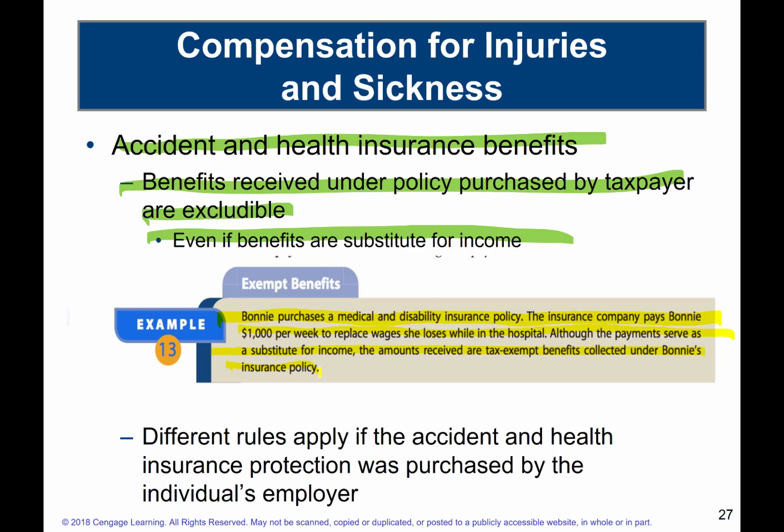So that's the benefit there if you get some sort of supplemental insurance that goes beyond workers' comp. Some people do that because they look at it and say, if I'm injured while I'm working, I'm not going to get enough from workers' comp. So you get some supplemental insurance, and you don't have to pay the tax on that. So the workers' comp and the supplemental are covered at the same time.